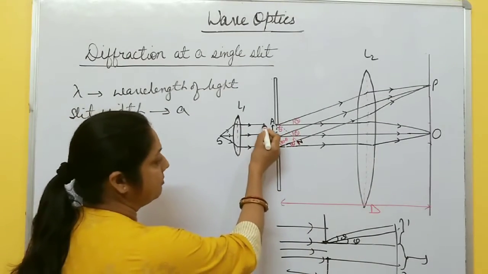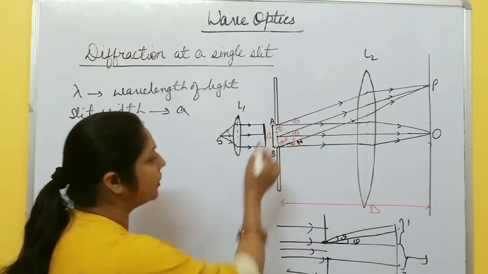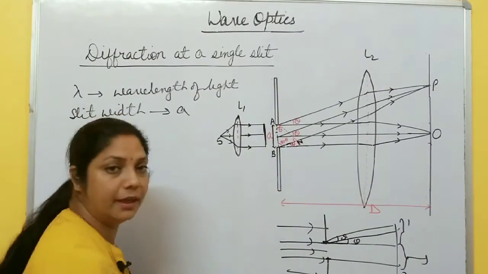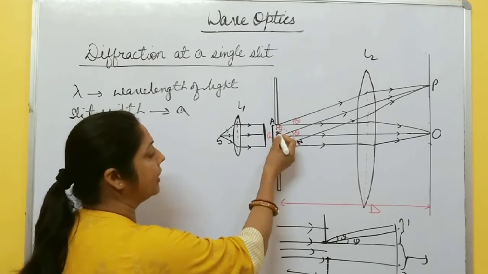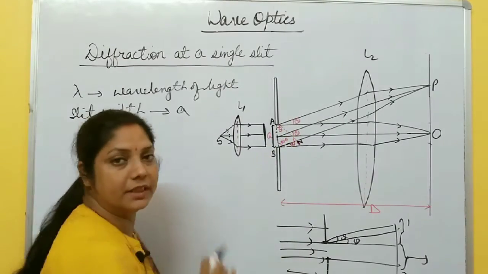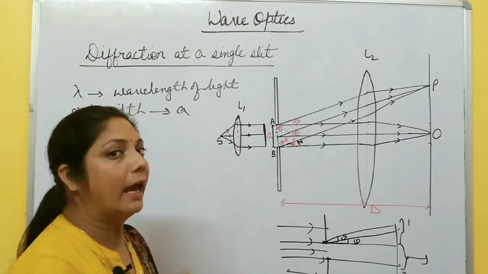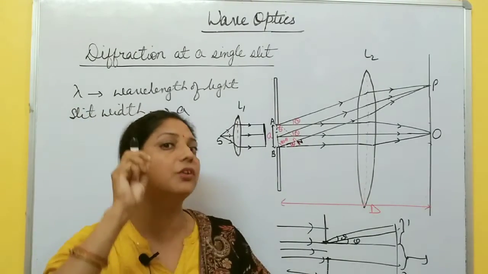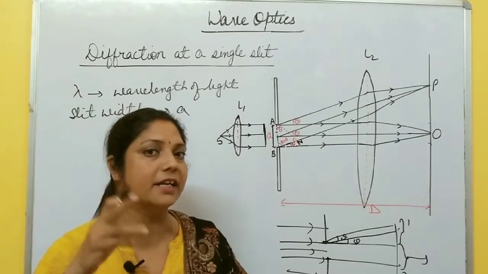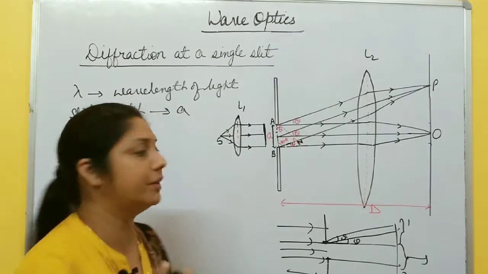When the plane wavefront is incident on this narrow slit AB, it disturbs each part of the slit. According to Huygens' principle, each point of the primary wavefront acts as a source of secondary wavelets.